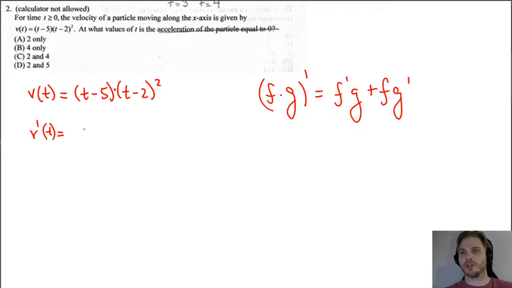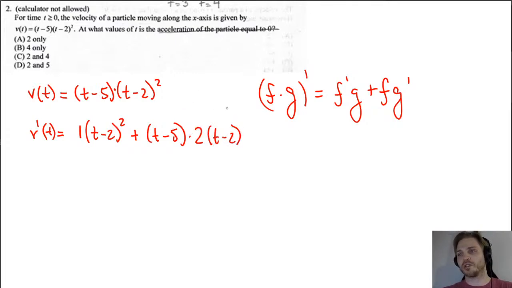Okay, so the derivative of the first is 1 times the second, which is t minus 2 squared, plus the first times the derivative of the second, which is 2 times t minus 2, and then you would have to do a chain rule. And the derivative of the inside is 1.